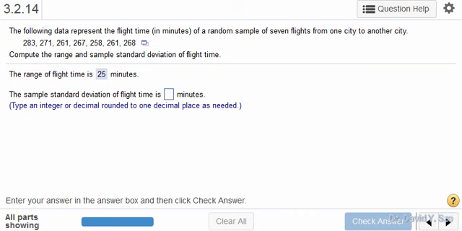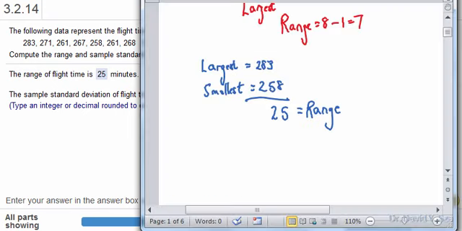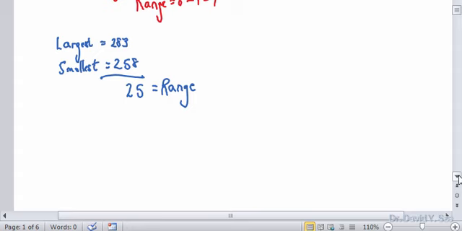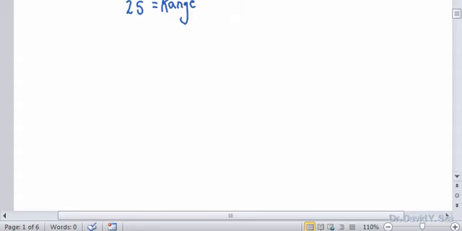Let me go to the scratch paper to draw a picture of what this is. So what is the sample standard deviation? Here's a number line, and we have various points. These are the data points in our data set.